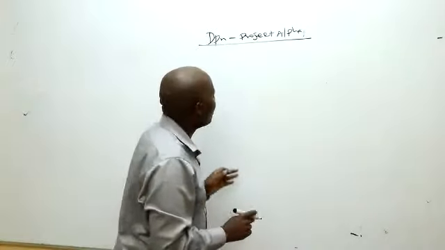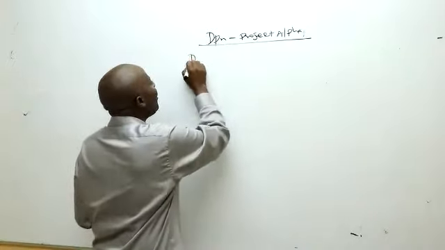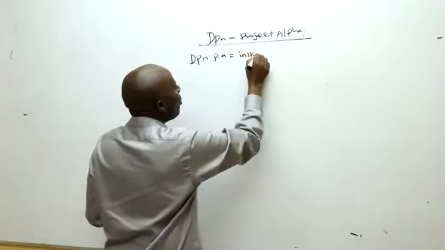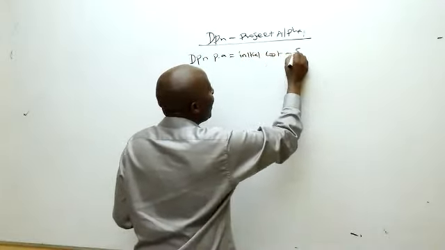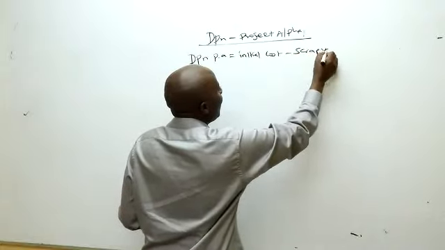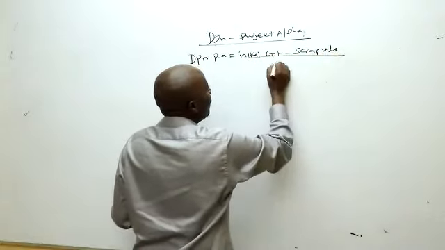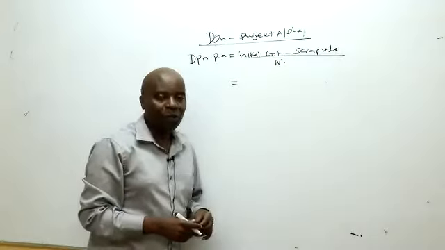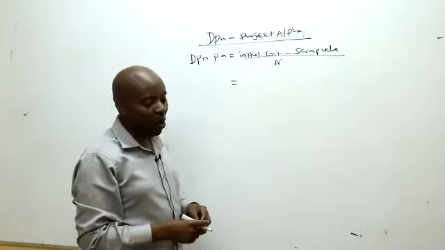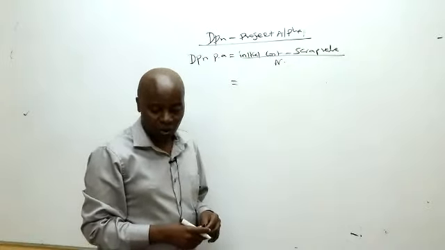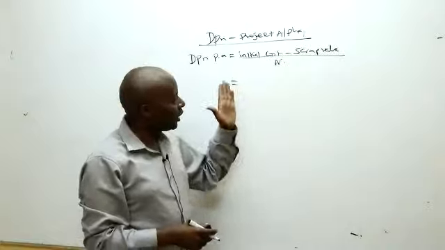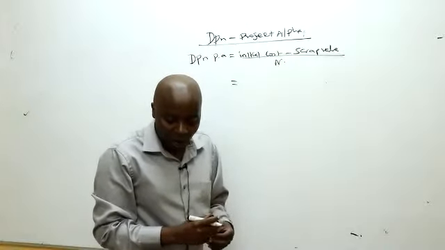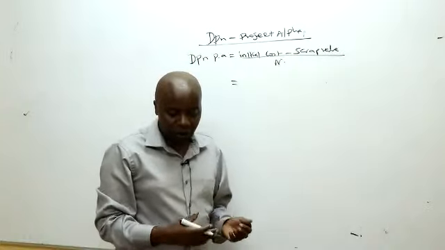So we shall use straight line method, where depreciation per annum will be equal to the initial cost minus the scrap value all over n, number of years. So please come and give us the initial cost of Project Alpha. They have told us in note number 1, Project Alpha costs 3.8.